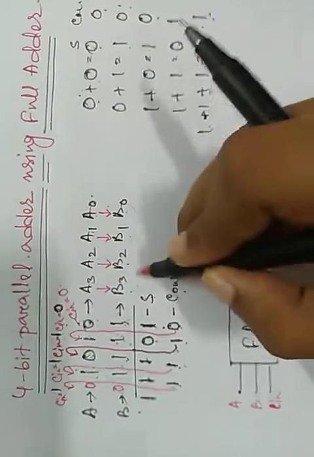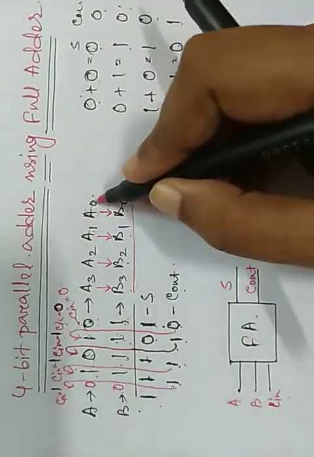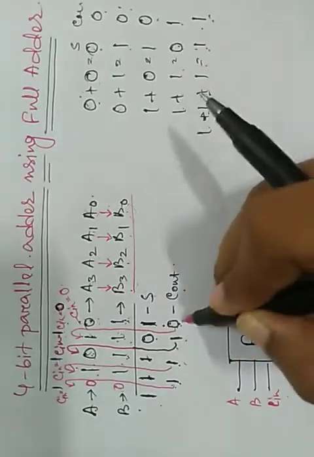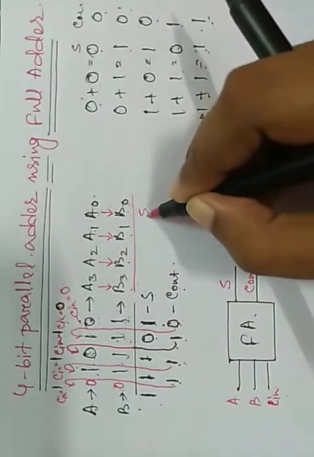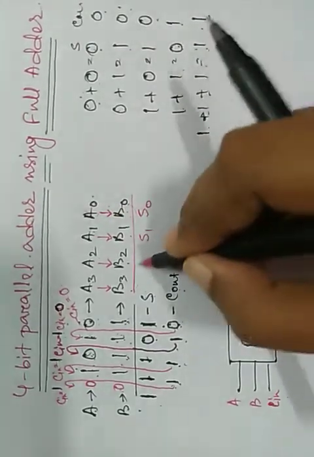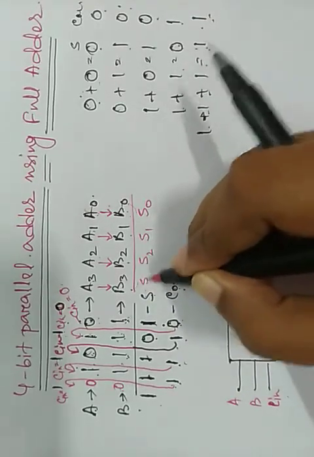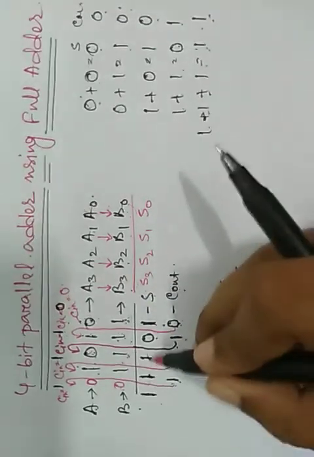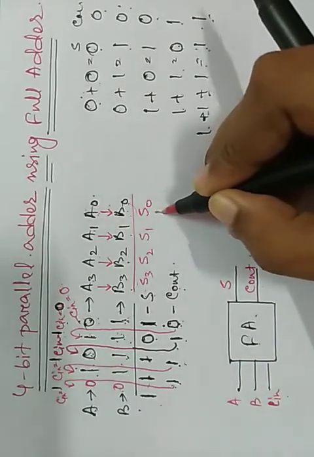When we add A0 and B0 we get one sum and one carry out. Suppose the sums are S0, S1, S2, S3, the sum digits, and here is carry out 1.